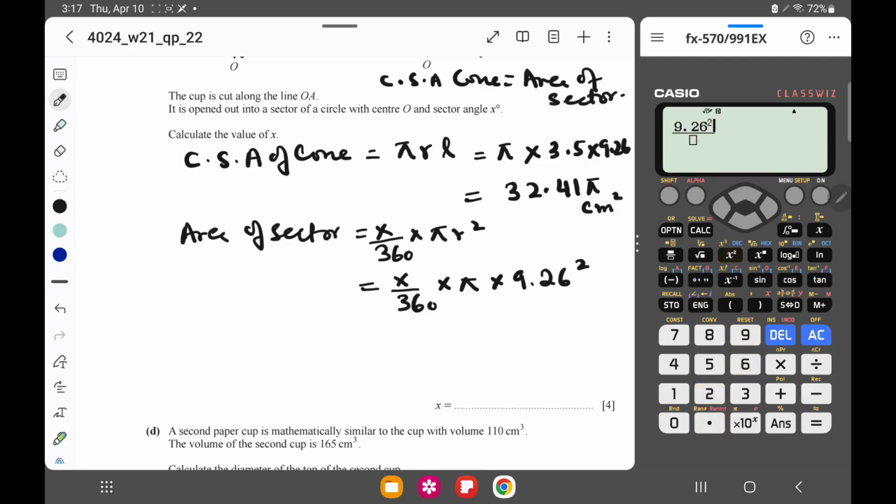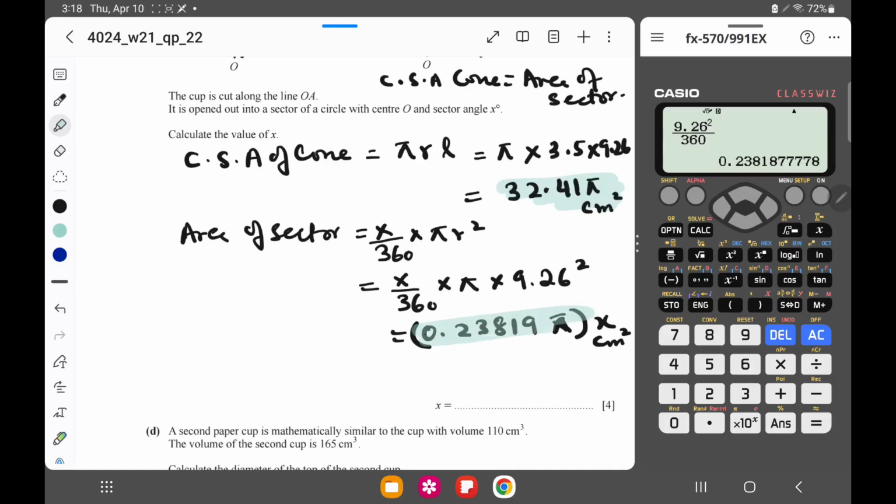Let's calculate this. 9.26 square divided by 360 is equal to 0.23819 x pi square centimeters. Because we don't know the angle, now we make these two equal.